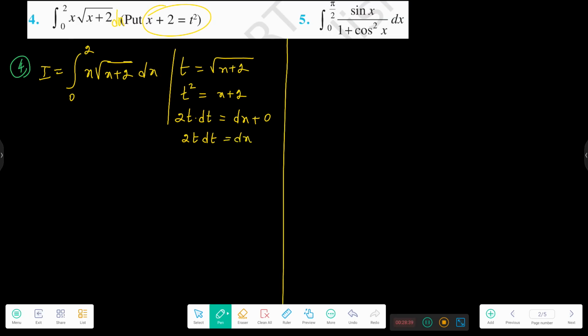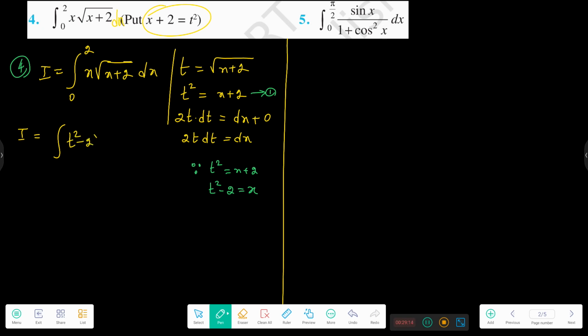Now, how can we write x? From t square equal to x plus 2, if you want x, you can bring the 2 to the opposite side. t square minus 2 equal to x. So instead of x you can write t square minus 2.